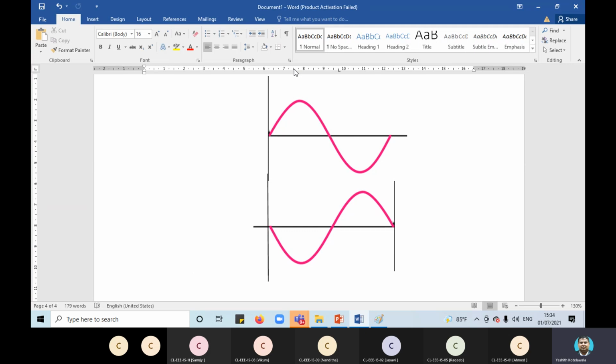Now, if you think this line, I hope everyone can see that I'm taking my tab lines. So you can see a tab line.